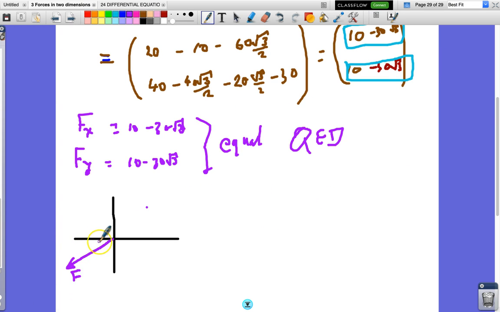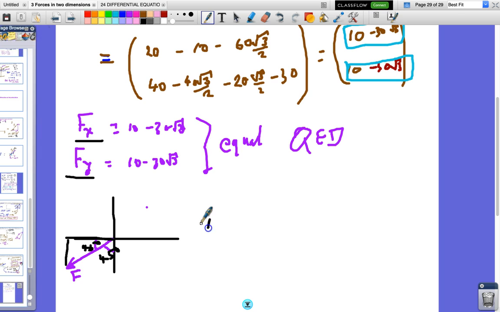Now you can calculate any of these angles, this one or this one. Since the Fx and Fy are the same, it means that this length and this length are the same. So this angle must be 45 degrees, and this must be 45 degrees. Right?